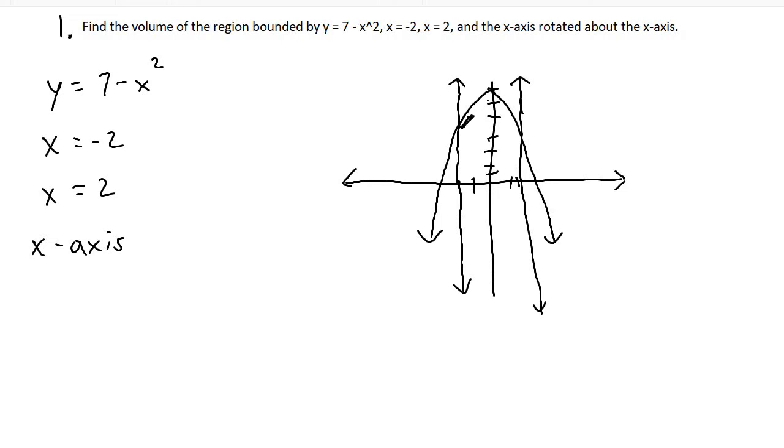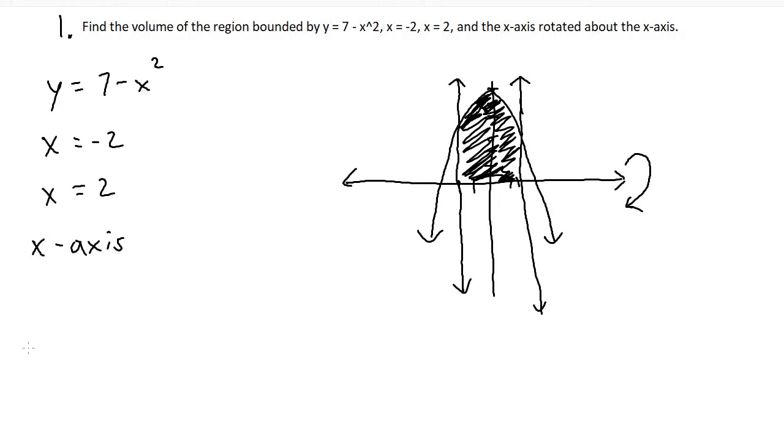I'm going to shade in the region bounded by those graphs. It's telling us to rotate the shaded region about the x-axis, so we need to rotate around this axis.